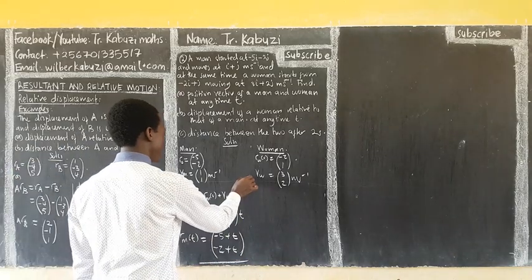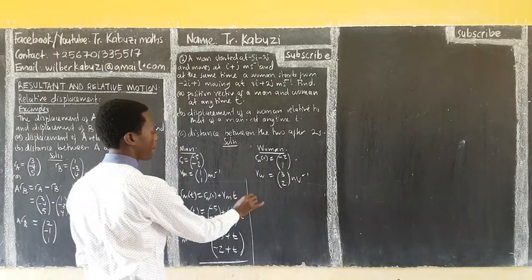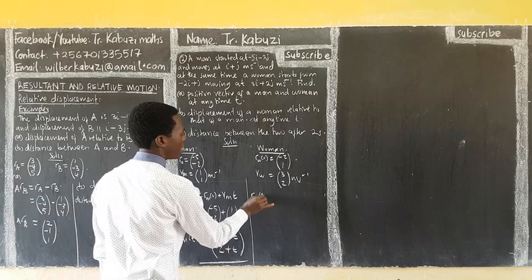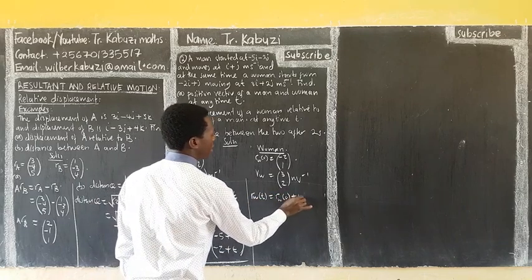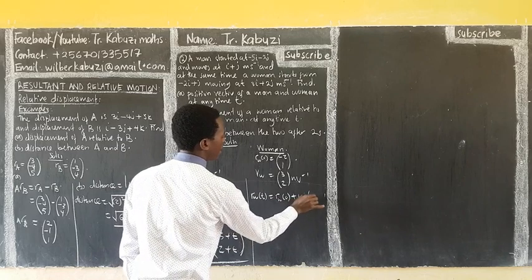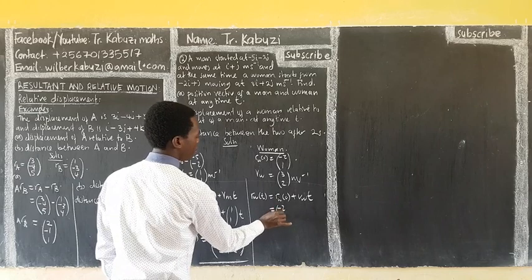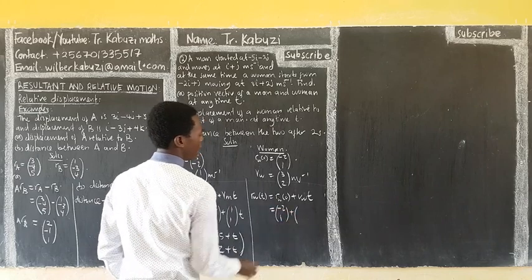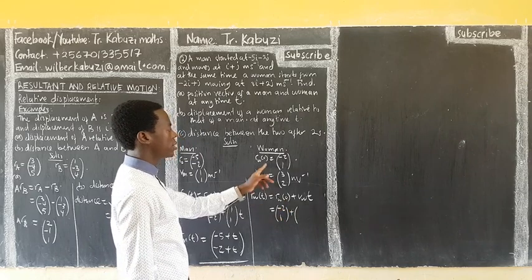Then for the woman, I come and get the one for the woman, displacement of the woman at any time t. Initial position, plus the velocity of the woman times t. This will be -2, 1, then plus, this means the initial position. We are not multiplying by 0, this is the initial position.